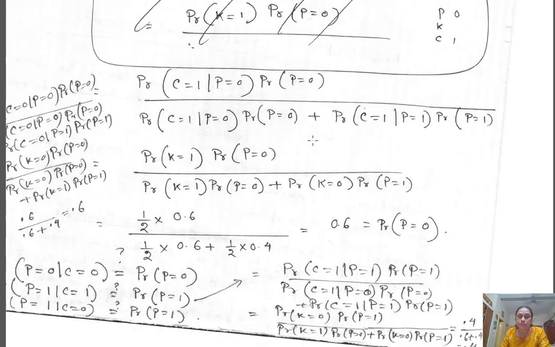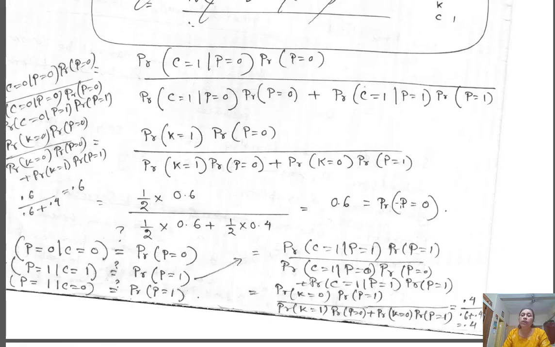Now you can simplify. You are given the probability of K equal to 1 is half, the probability of K equal to 0 is also half, the probability of P equal to 0 is 0.6 and the probability of P equal to 1 is 0.4. So you can calculate this value, and this is simply probability of P equal to 0. So we have shown that probability of P equal to 0 given C equal to 1 equals probability of P equal to 0.